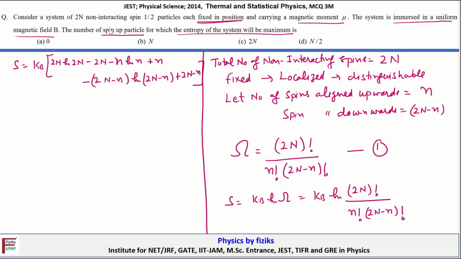Now we have to maximize the entropy with respect to small n. So dS by dn equal to 0 results in the equality when small n is equal to capital N. That means when the number of spin up is equal to n, option B is the correct one here. This means when equal numbers of spins are pointing upward and downward, the entropy is going to be maximum. So therefore option B is the correct one here.